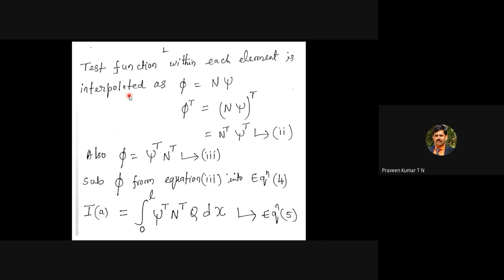In heat transfer, at node 1 the temperature is 500 degrees Celsius, at node 2 the temperature, let it be 100 degrees Celsius. Exactly between node 1 and node 2, what is the temperature?